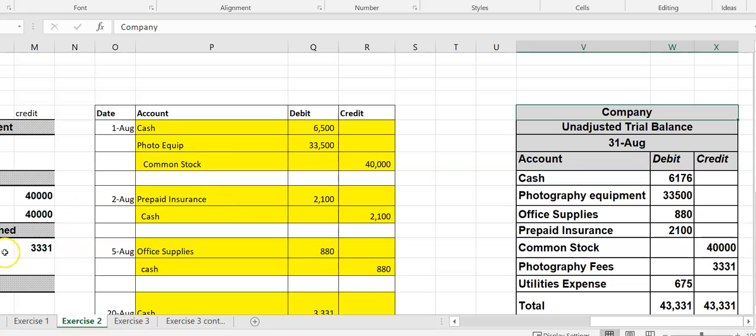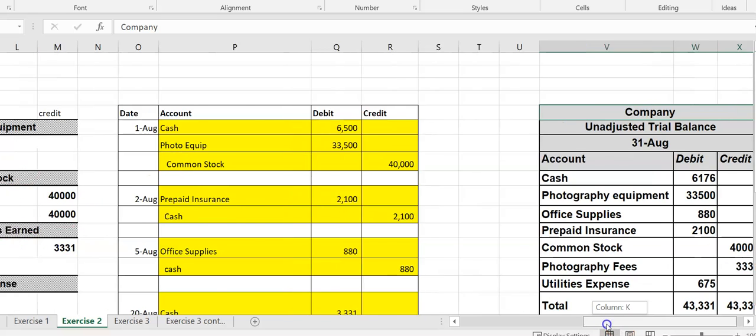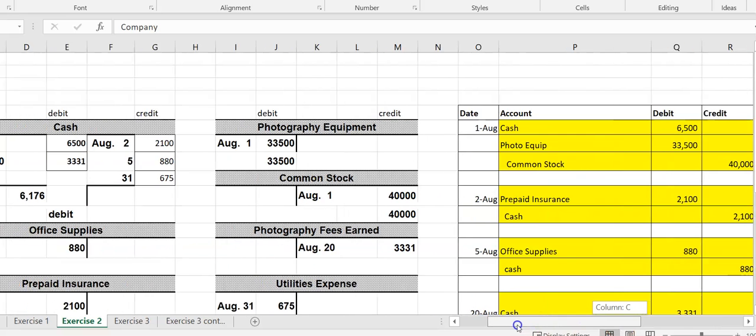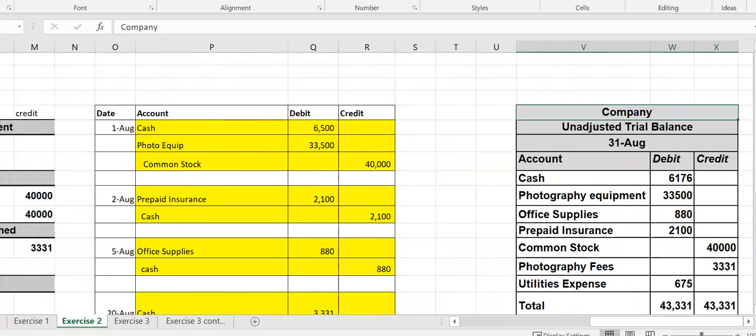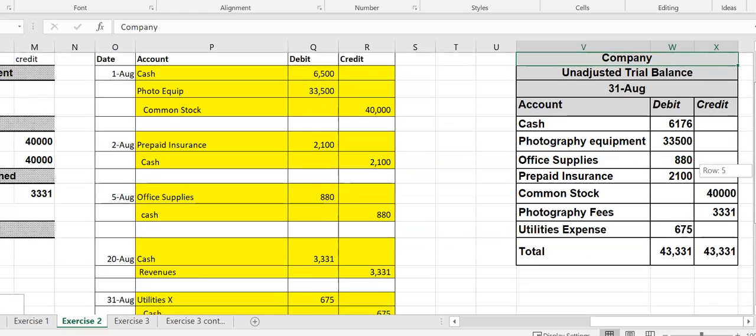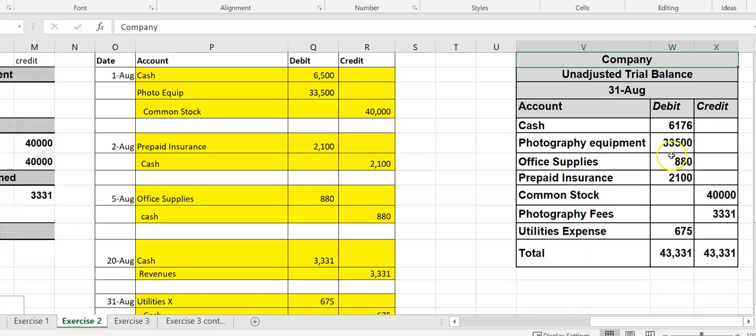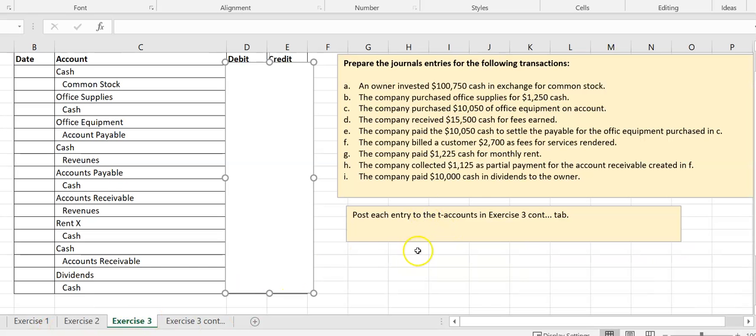And you take the numbers that were over in the accounts and transfer them over to the adjusted trial balance and find out if you put all the debits on one side, they come up to 43,331. All the credits on one side, which are the balances of those accounts, comes up to 43,331. So that's how you'll do exercise 3.